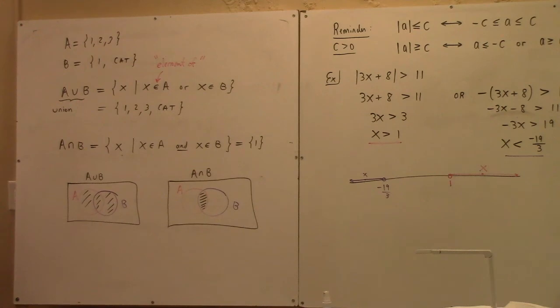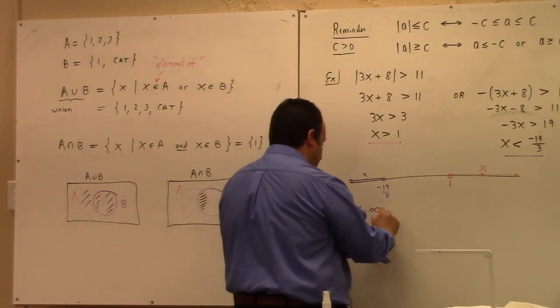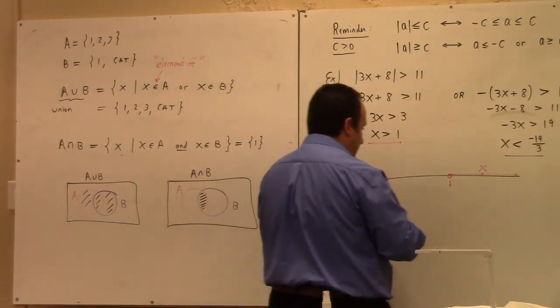So what does that mean? The solution here comes in two pieces, and that's why we need union. This piece is minus infinity to minus 19 over 3. This piece is 1 to infinity.